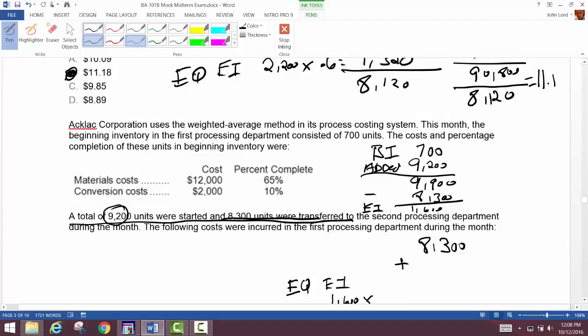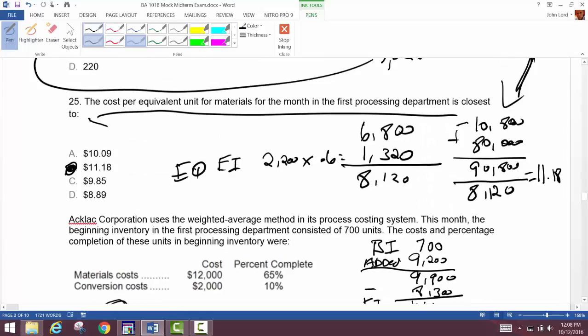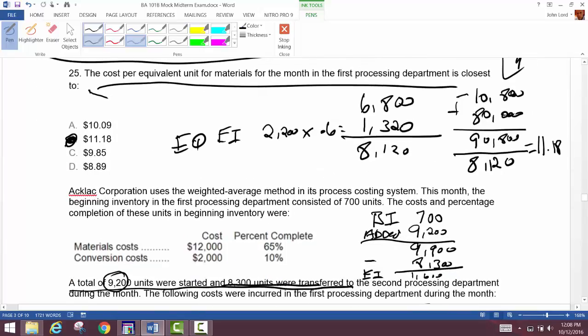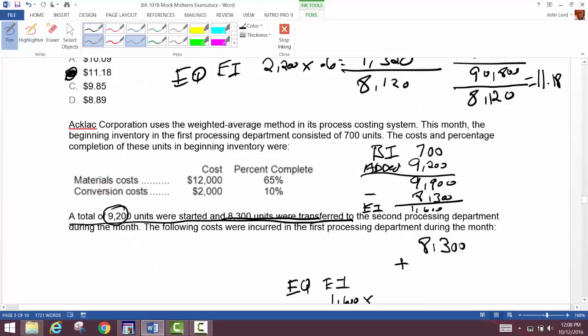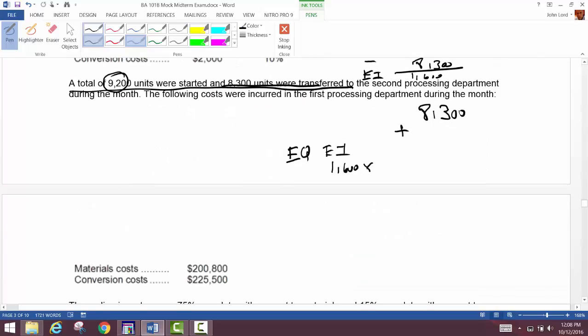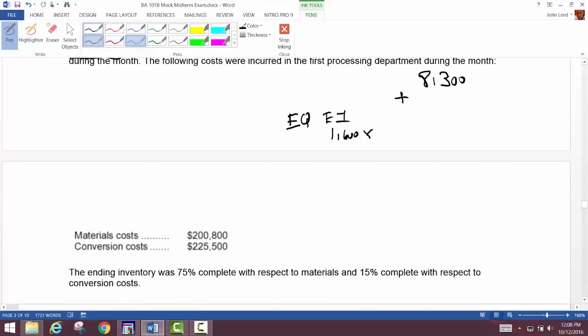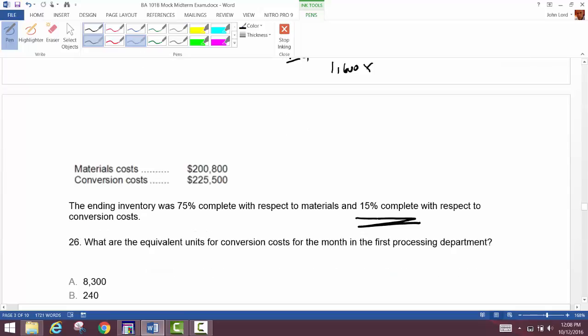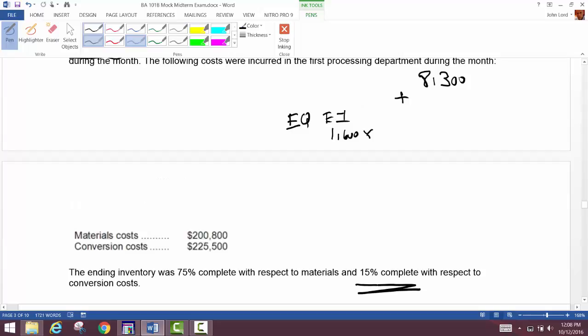You can get the 0.15 by looking back up, where they tell me the ending inventory is 15% complete as to conversion cost. And are they asking me for conversion cost here? Yes, they are. So I'm going to take that 1,600 times 0.15.